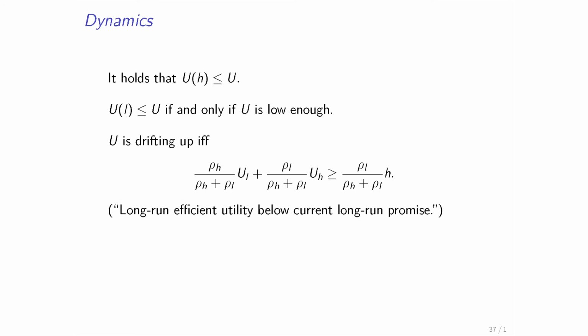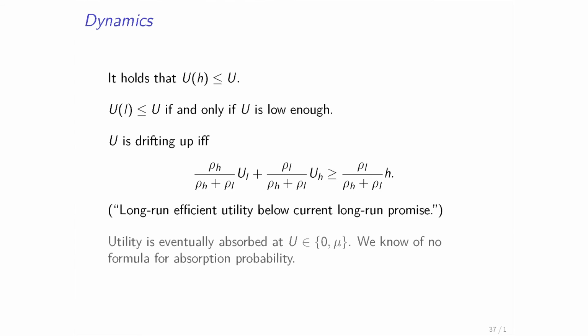If your promised utility is above the average utility that you will get under the efficient policy, it will drift up, otherwise it will drift down. Okay. And eventually the utility will get absorbed at either 0 or mu, and we don't know the absorption probability in that case. It's no longer a martingale.